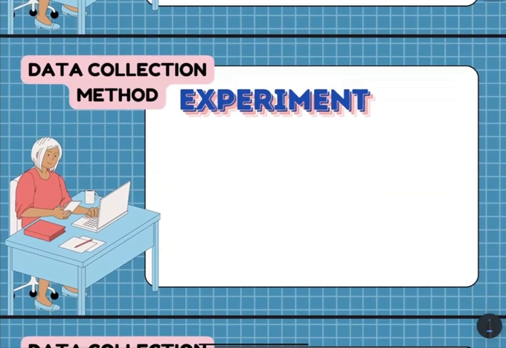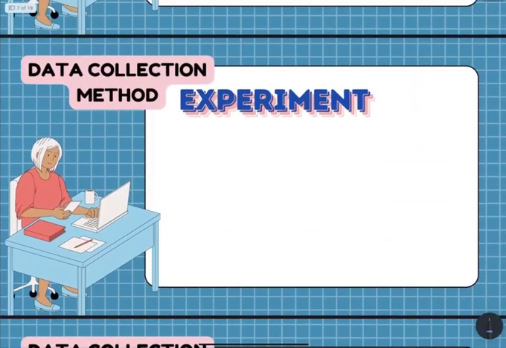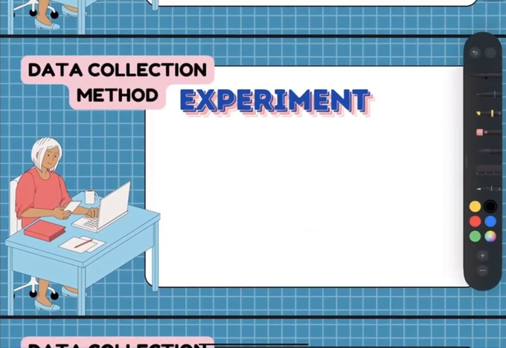Experiments are a data collection method very specific only to scientific research, like randomized clinical trials or experimental researches. Remember that the main element of your experiment is, of course, the presence of your treatment variable.